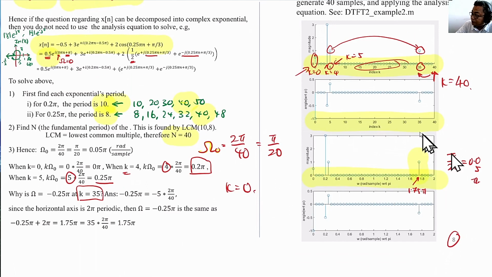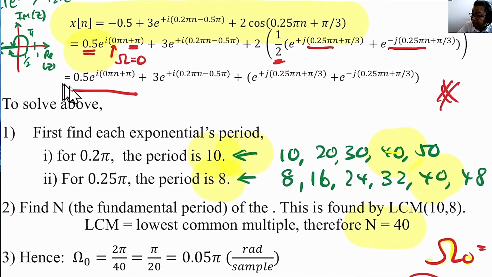Now let's use this figure to reconstruct this complex exponential. We will use the last equation over here. So let us find first the DC term. The DC term is 0.5 with magnitude at omega equals 0 and phase shift of pi.